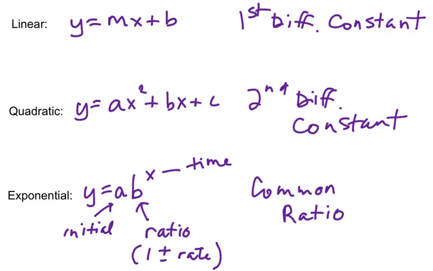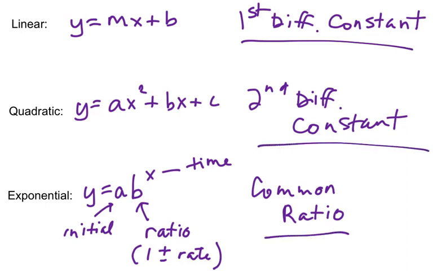And if we multiply again by that same ratio, we'll get the next y value. And we find that by dividing a y value by the previous value, and that gives us that common ratio. So these are three things that you can do when you're looking at data to figure out whether the data has a linear relationship, a quadratic relationship, or an exponential relationship.